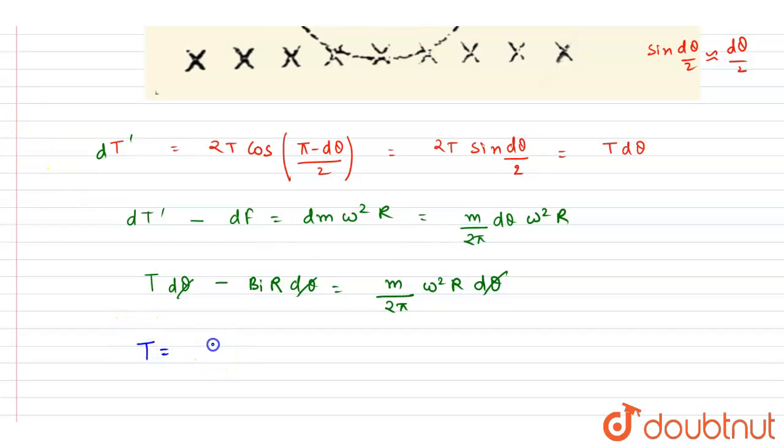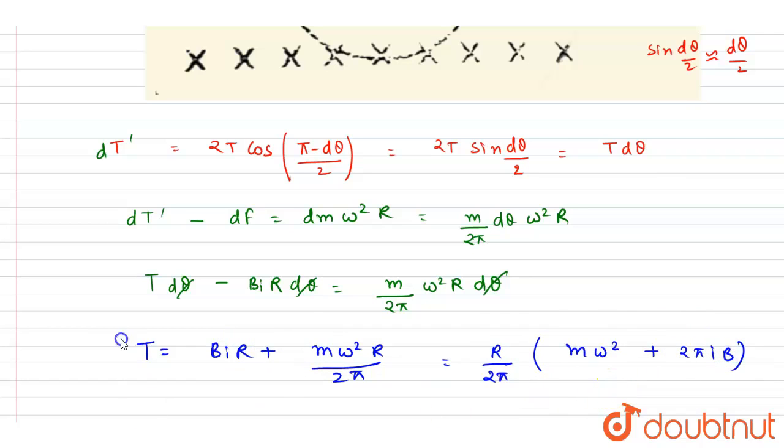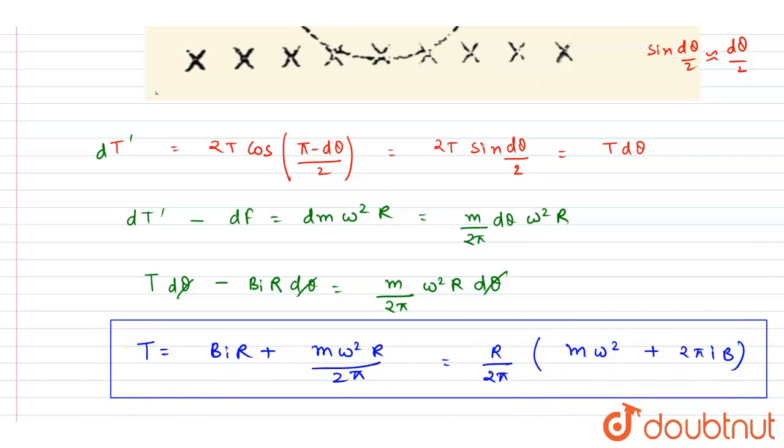So T dash is B I r plus m omega square r by 2 pi. Now you can take r upon 2 pi common here. If I take r upon 2 pi common, it is m omega square plus, if you multiply here by 2 pi, 2 pi I B. This will be the net tension and the answer of this question.